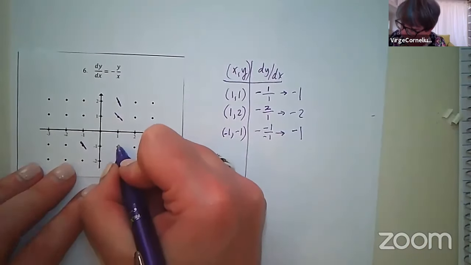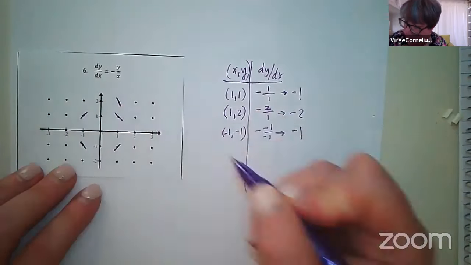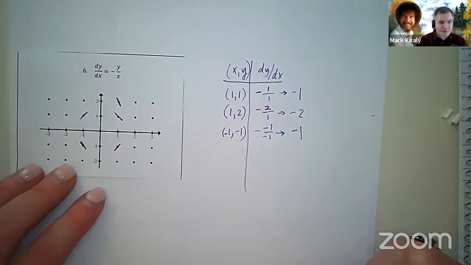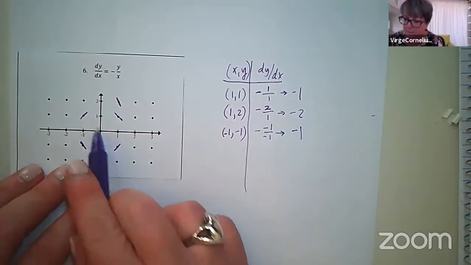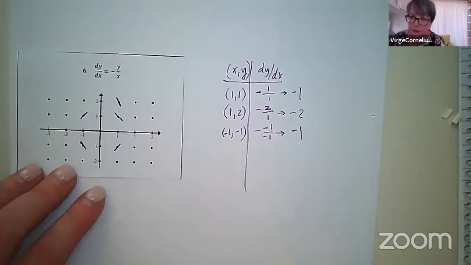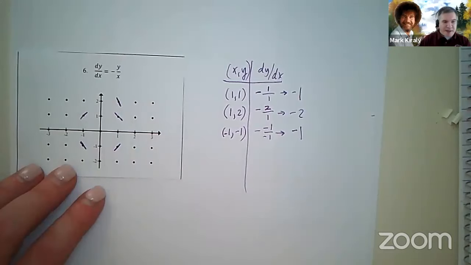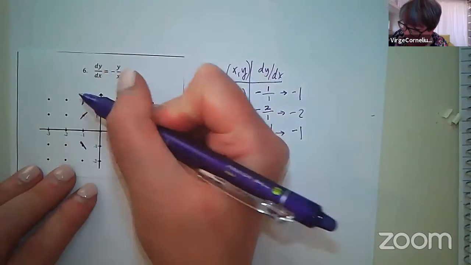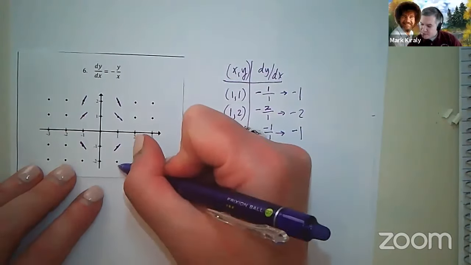That's making me think that something else is going on here. I'm just sketching that without calculating it. Is it right, Mark? Yes, because of the opposite signs in the quadrants. Along y equals x and along y equals negative x, yeah. And so there's going to be some mirror imaging going on here. There's going to be a lot of symmetry.